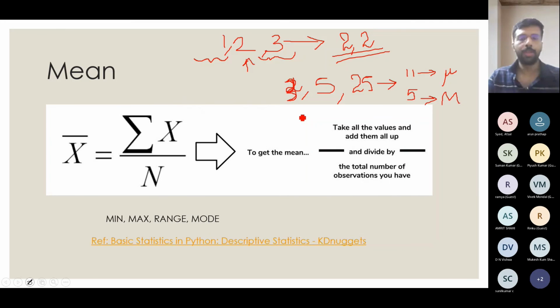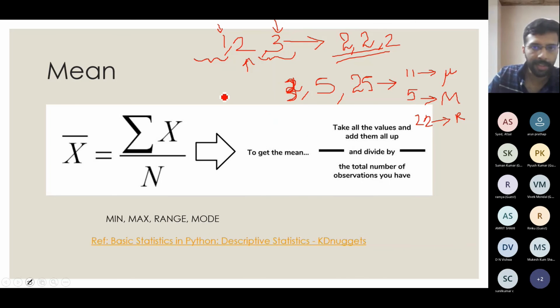Let's see the range also here. For the first data, the min is 1, max is 3, so my range is 2. And in this case, my range is 25 minus 3, so that is 22, my range here.